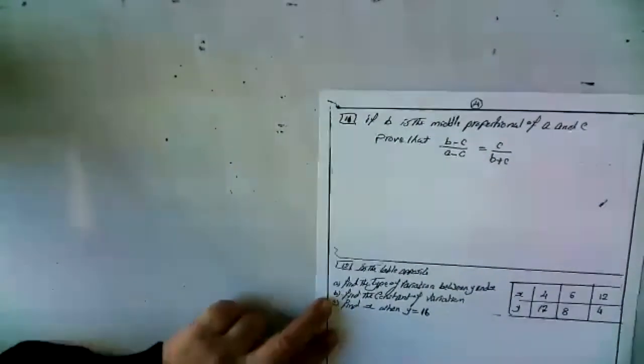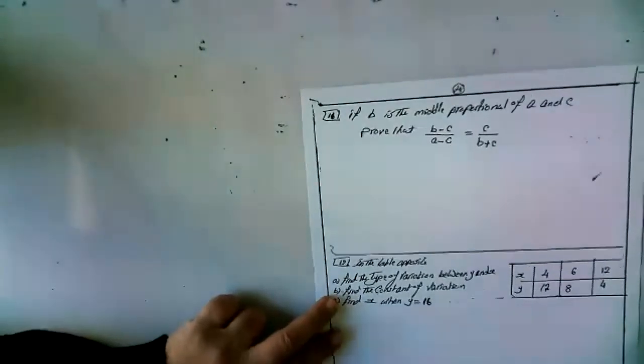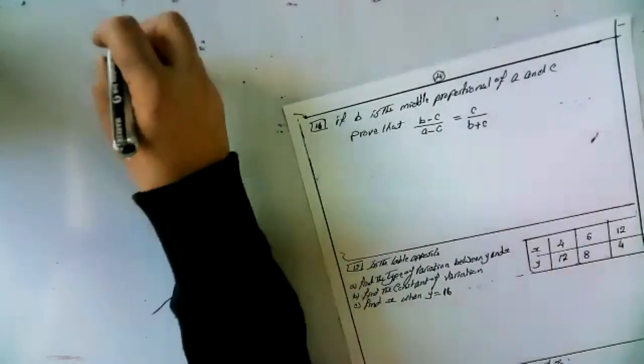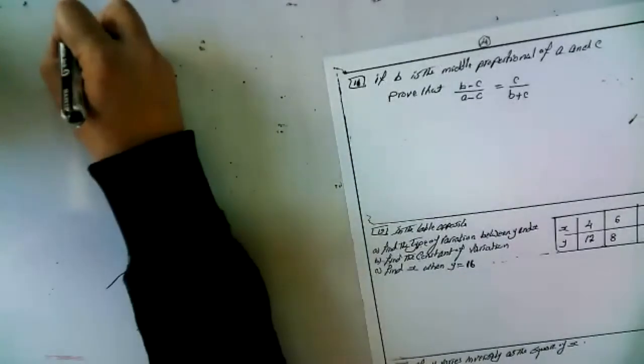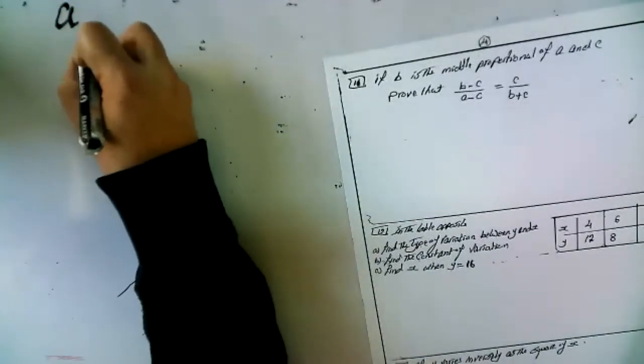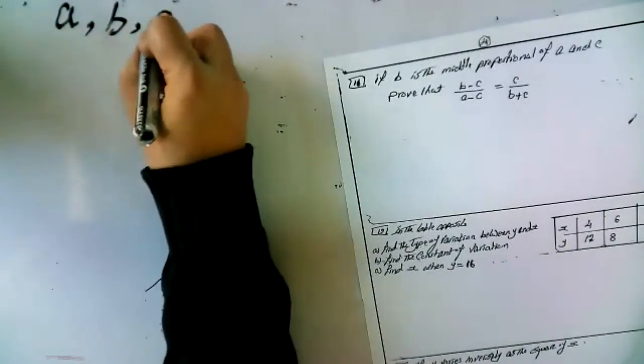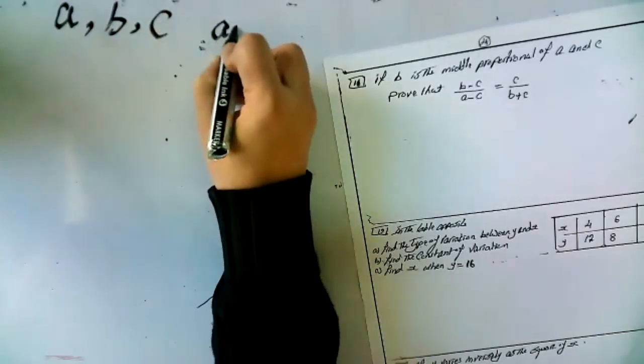Question 11. If B is the middle proportional of A and C, it means that A, B, and C are proportional.